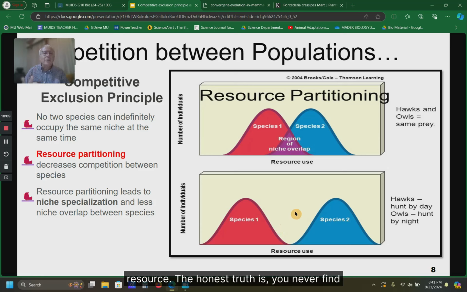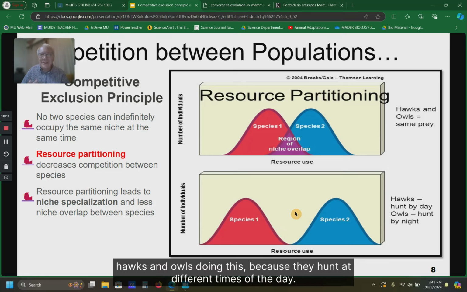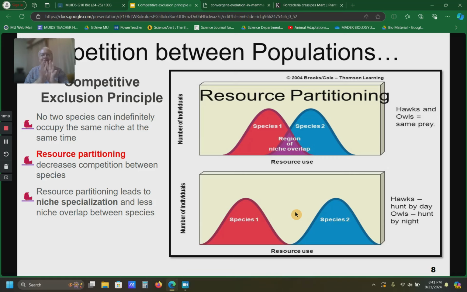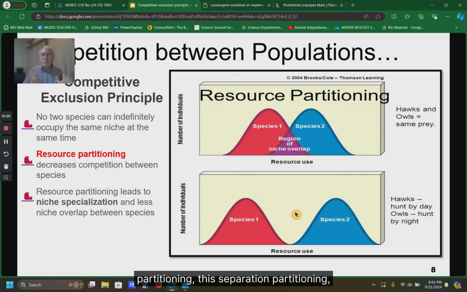The honest truth is you never find hawks and owls doing this because they hunt at different times of the day, all right? They actually have already evolved this partitioning, this separation, to not compete with each other, although in the past their ancestors may have.